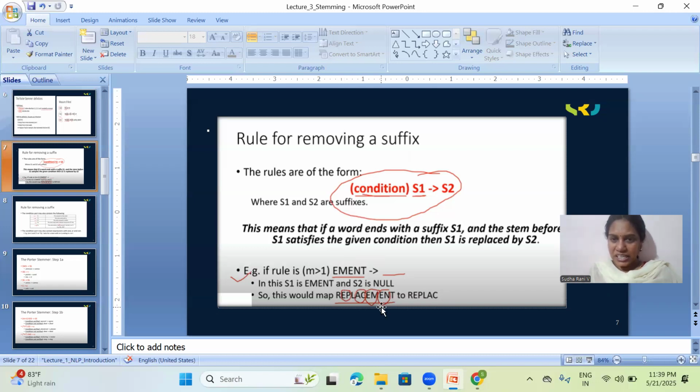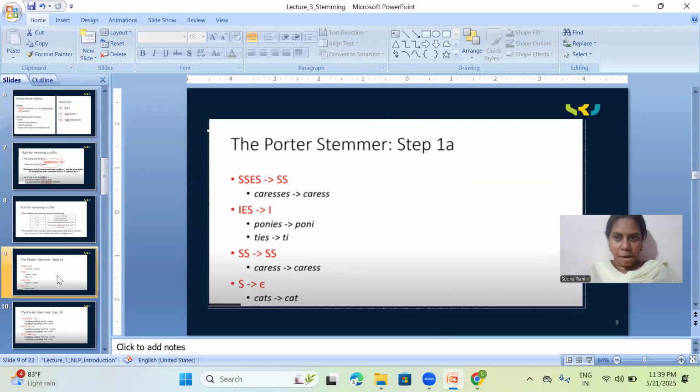If you replace EMENT with null, there is no problem, so you get the root word as replace. This is the condition: if you remove S1, the remaining part should be a root word. In that case, you can remove the suffix. This is the rule for removing the suffix.